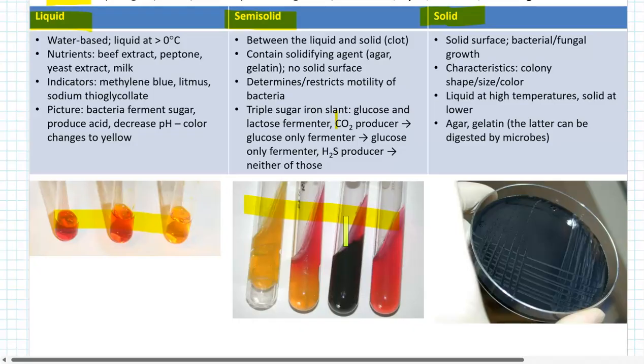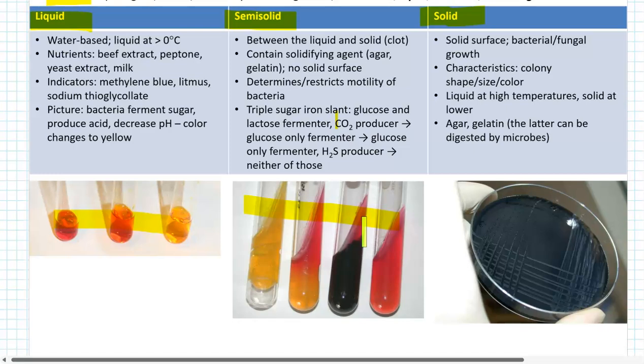It's because different bacteria, well, the rightmost tube is not inoculated, but 3 different bacteria in the first 3 tubes have different properties. Okay? Like fermentation is in first tube and H2S production in the third. So you should be able to match the description of the medium and the purpose and the term in terms of the physical state. So like we use it to separate colonies, that's solid.